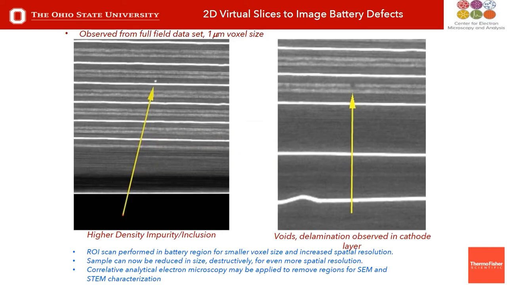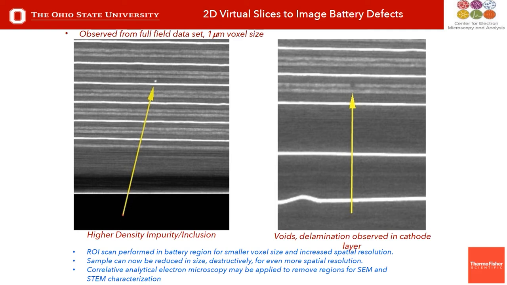And what's really amazing is that when we go to this region of interest scan with 1 micron voxel size, we can actually image higher density impurities and inclusions on the left. And on the right, we actually see voids and lower density regions that we would most likely associate with delamination in the cathodic layer. But we don't know, let's say. We'd like to look at that a little bit more in depth.